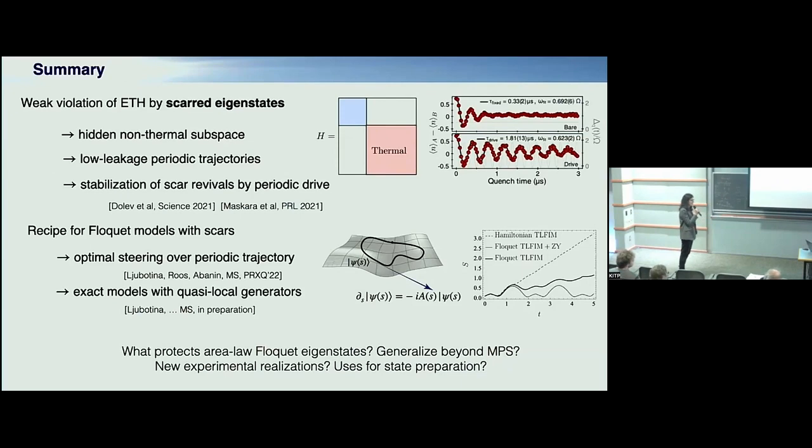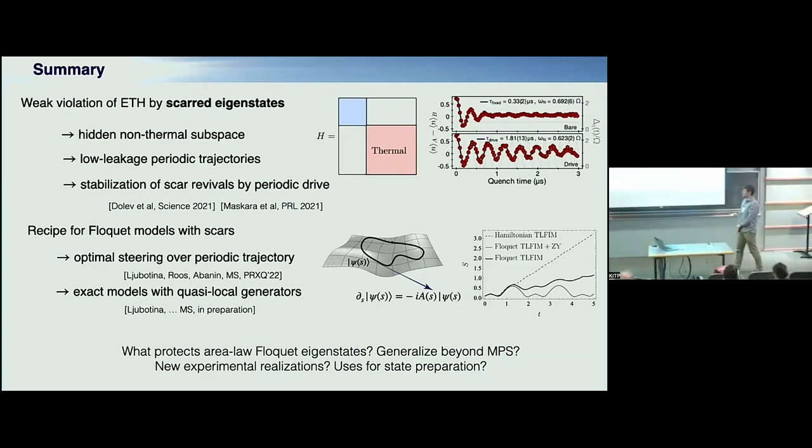Actually, I don't think that is completely understood. What we realized is that you can take the PXP model, and with driving, revivals improve there still, because the PXP model is imperfect, and driving helps a lot just for the PXP model.